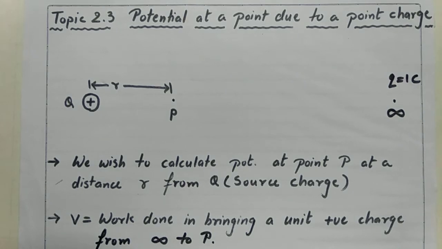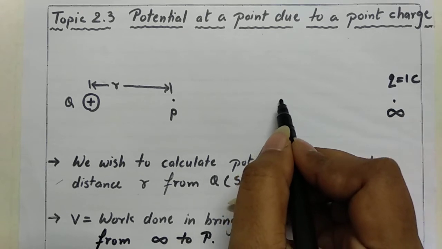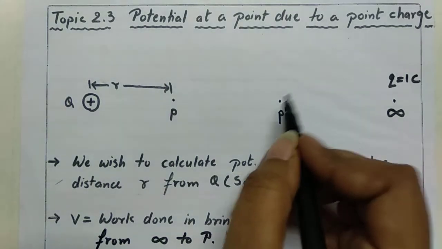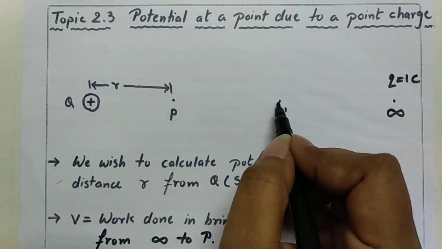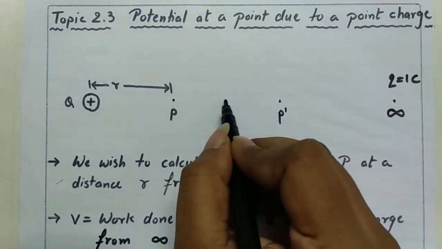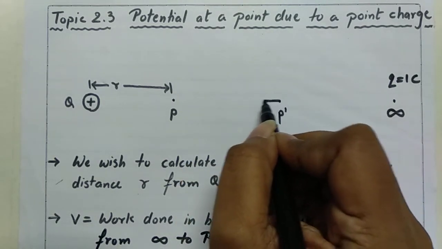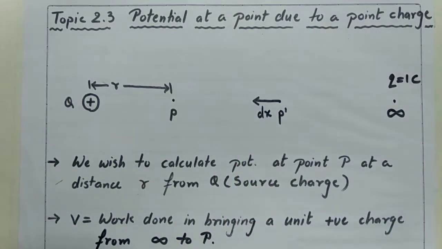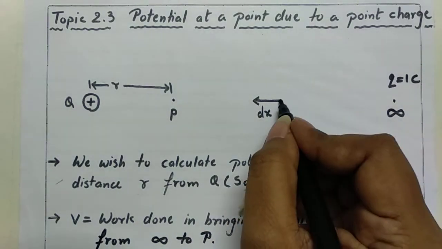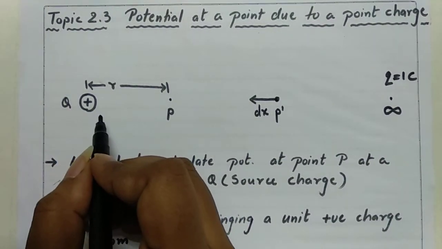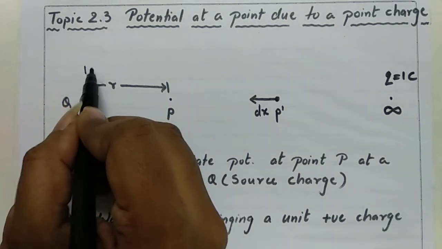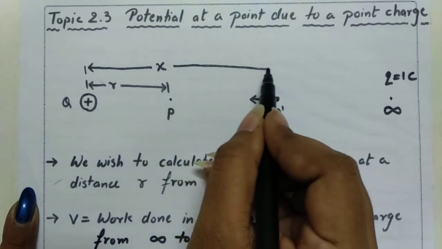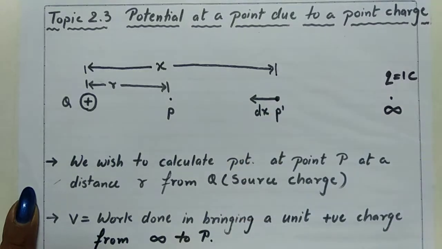I'll consider an intermediate point somewhere here. Suppose this point is P dash. I am giving a small displacement to this unit charge along this direction. Suppose this displacement is dx, and the distance of this point P dash from the source charge is x.